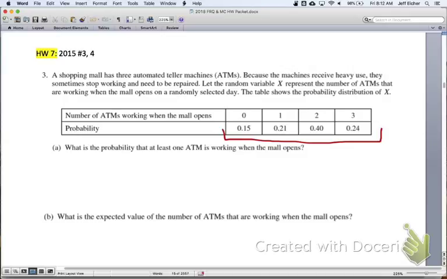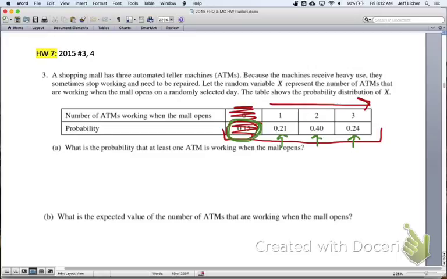If we're saying that at least 1 is working, that means the 0 case isn't in play, and that 15% probability is now going to, in essence, make all of these probabilities increase.